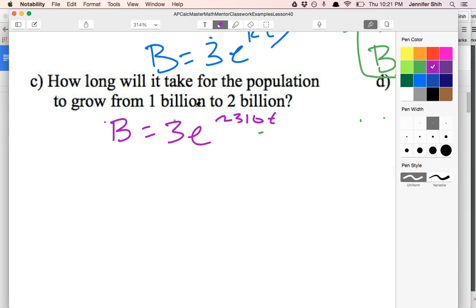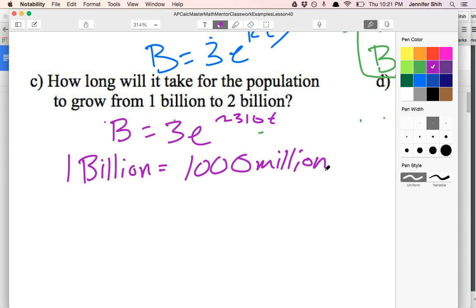Now, how long is it going to take to go from 1 billion, and remember, 1 billion is equal to 1,000 million. So we want to see how long it's going to take to get to 1,000 million if we start out with 3 million.